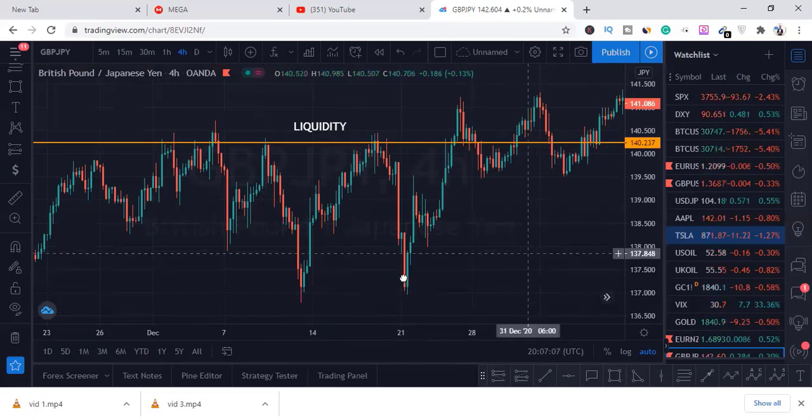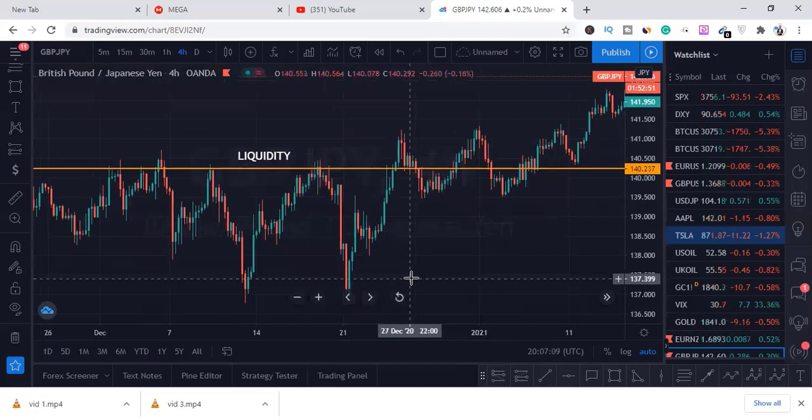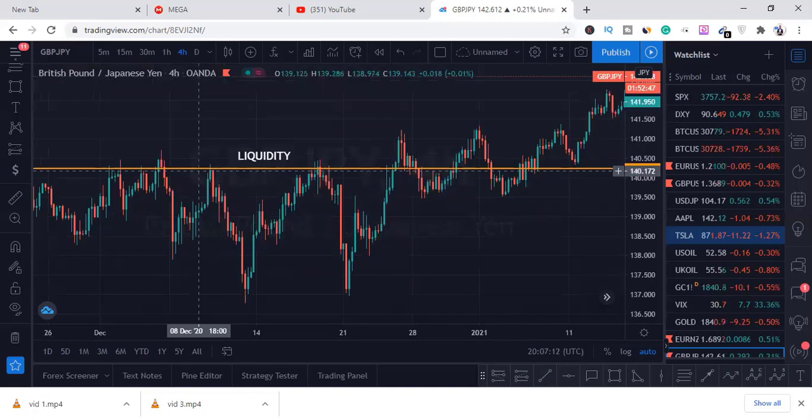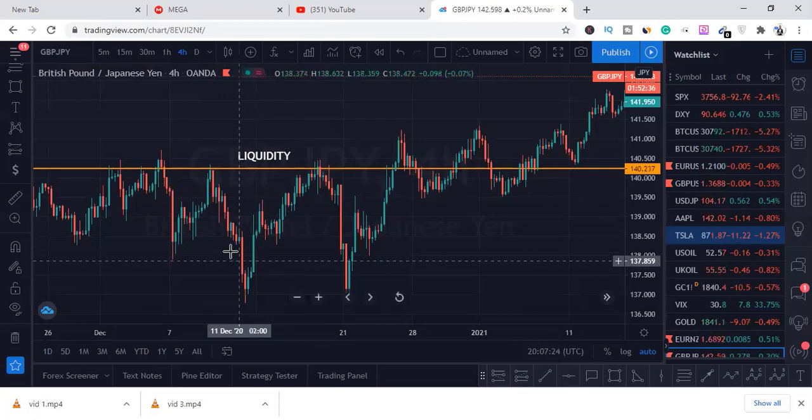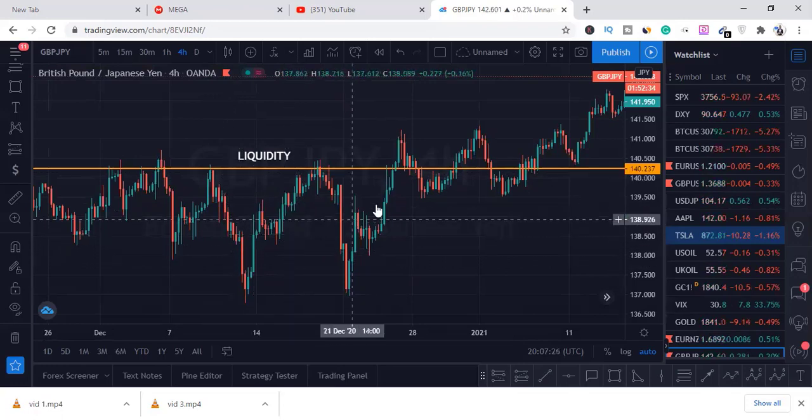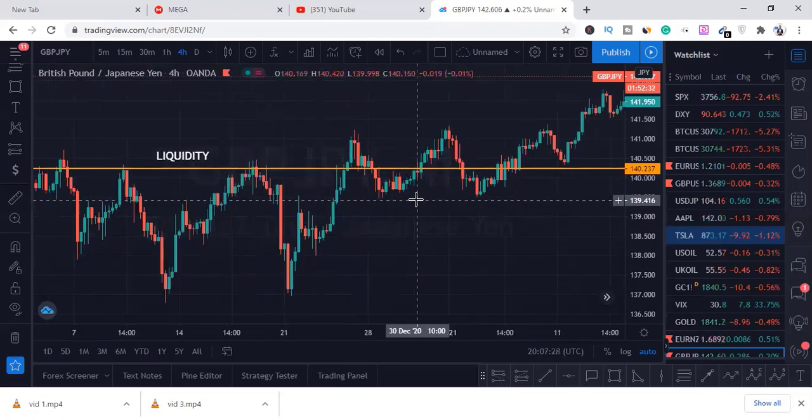Maybe most of you before now, that's what you have been doing. But the truth is that these double tops and double bottoms are being placed there by the institutions in order to take us out of the market.